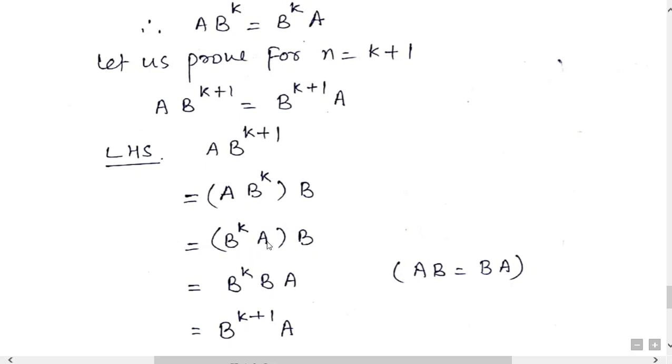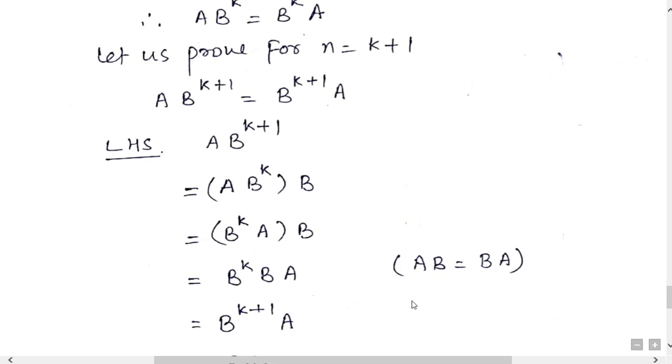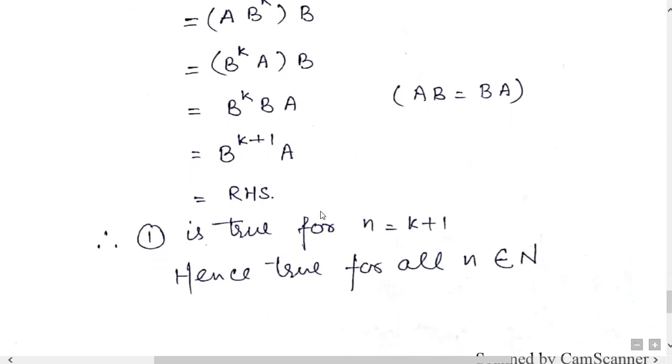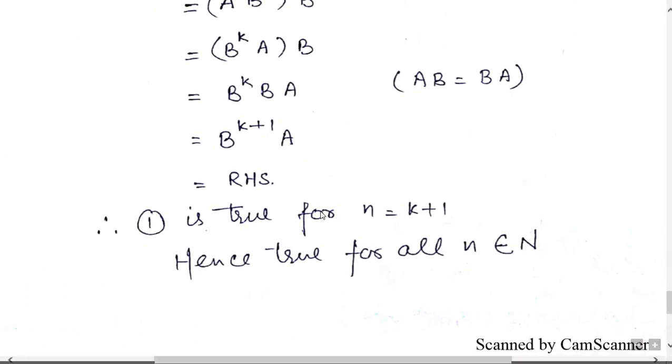Then AB can be written as BA. B raised to power k into B can be written as B raised to power k plus 1 into A. It means this value is true for n is equal to k plus 1. Hence, the statement is true for all n belongs to natural number.